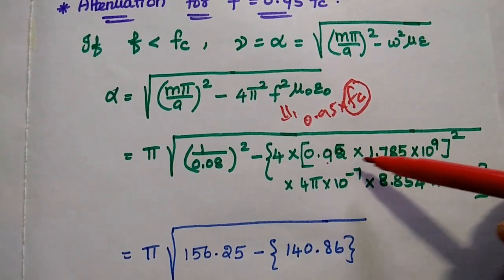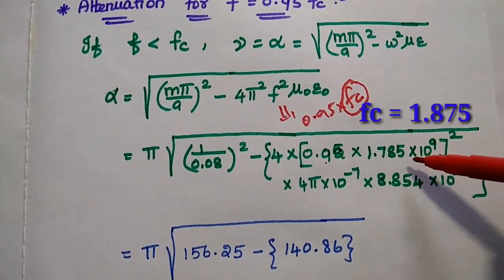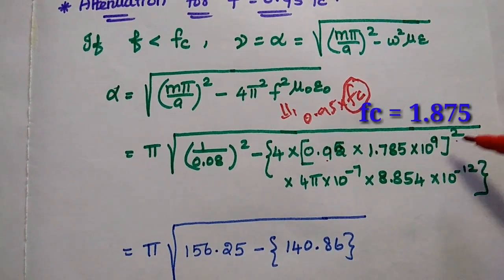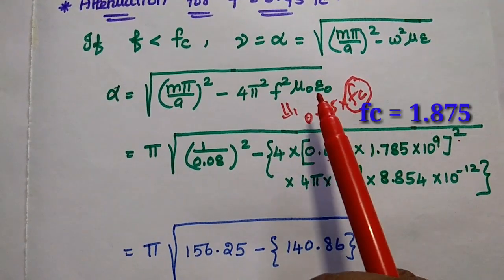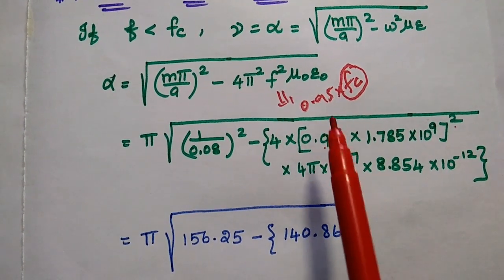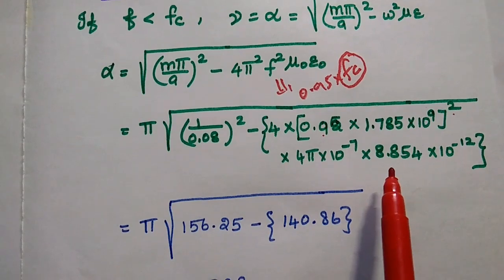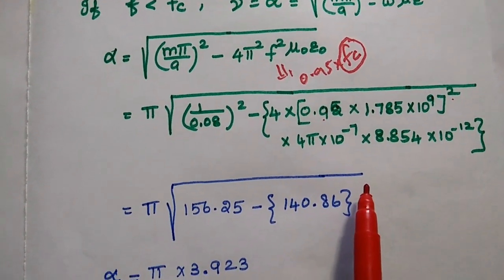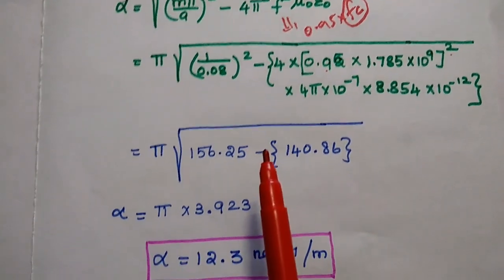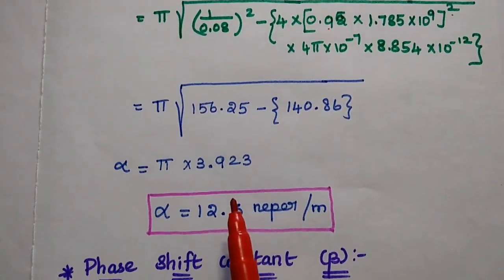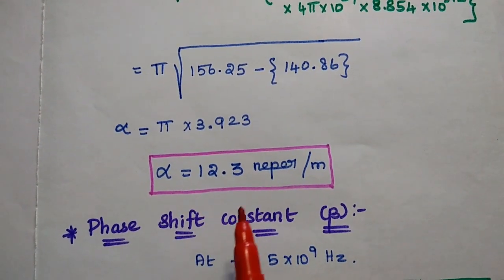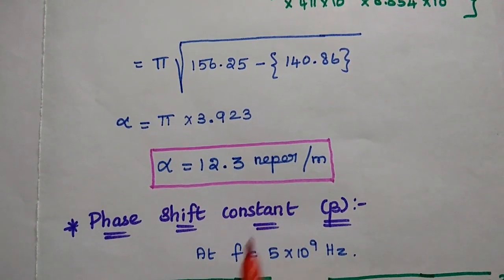So 0.95 into 1.875 into 10 to the power 9, the whole square, multiplied with mu naught value as 4 pi into 10 to the power minus 7 and epsilon naught value as 8.854 into 10 to the power minus 12. Then we can simplify all the terms and finally we get the attenuation constant alpha is equal to 12.3 Neper per meter.